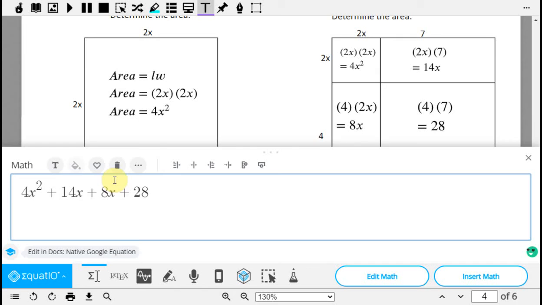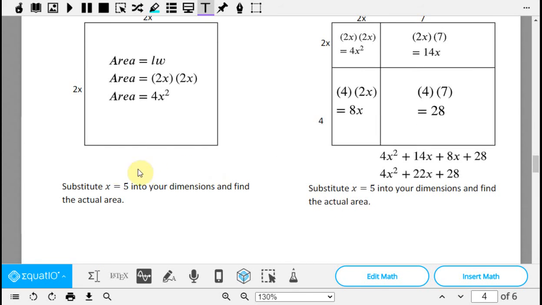Simplifying the middle terms, 4x squared plus 14 plus 8 is 22x plus 28. So there is our expression for this particular square.